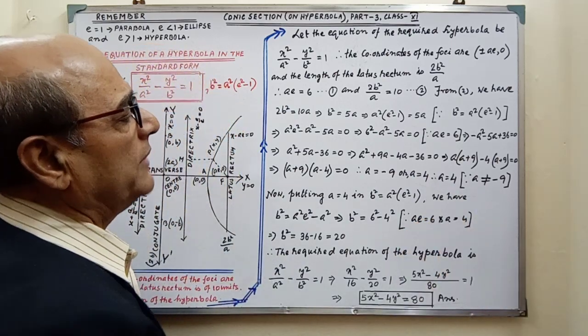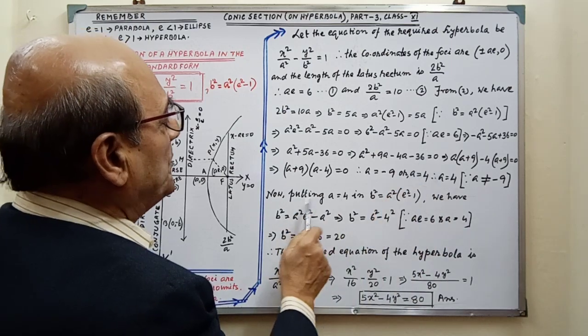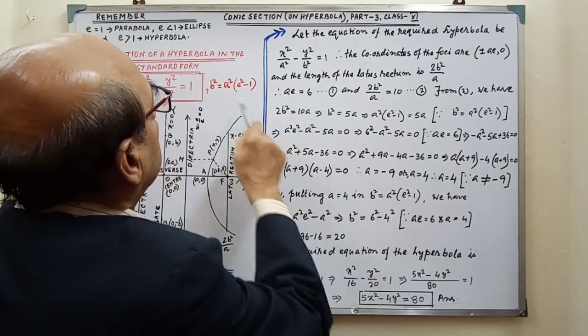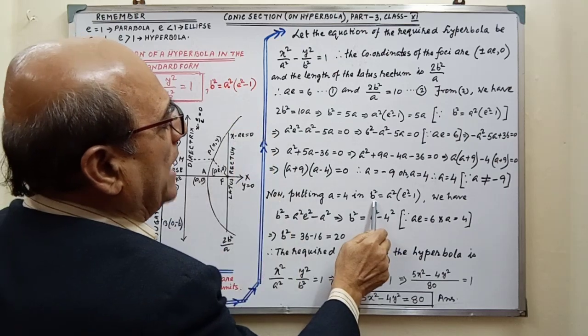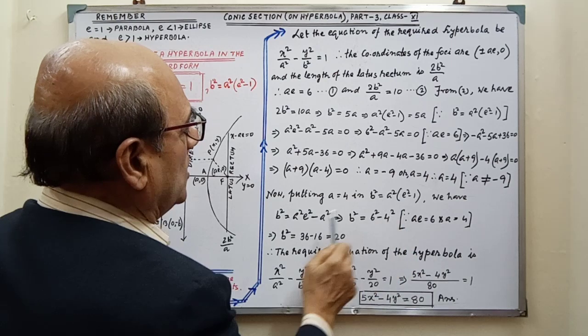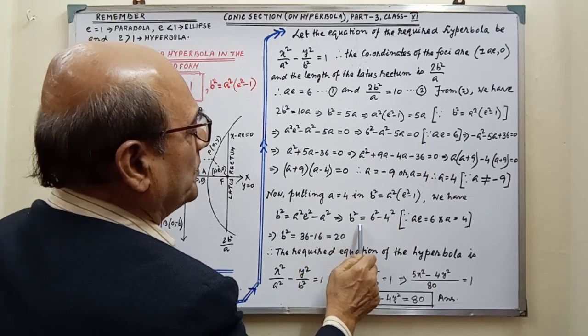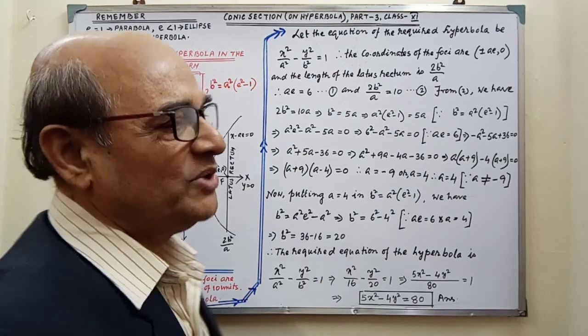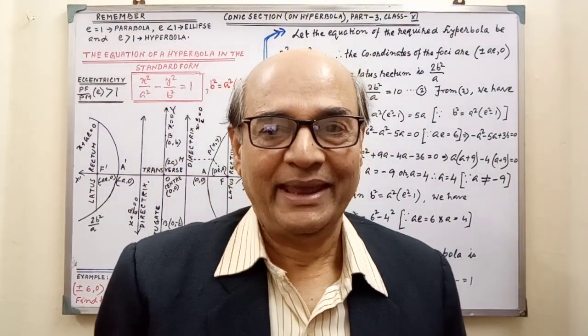Now we have the value of a. Putting a equal to 4 in the equation, we get the value of b square, that is b square equal to 20. Now we have the values of a and b.